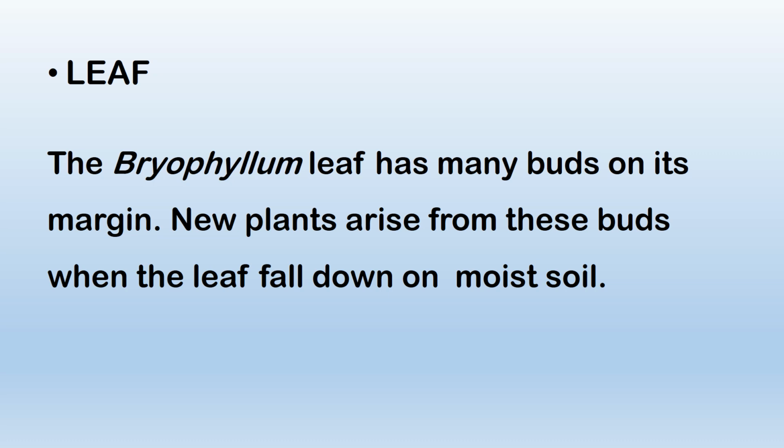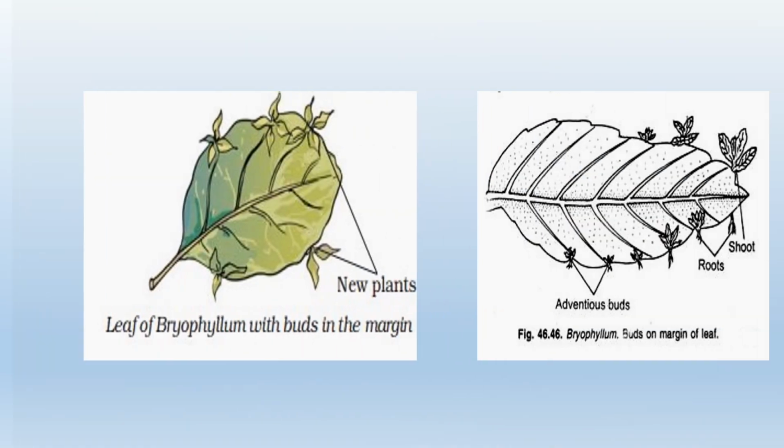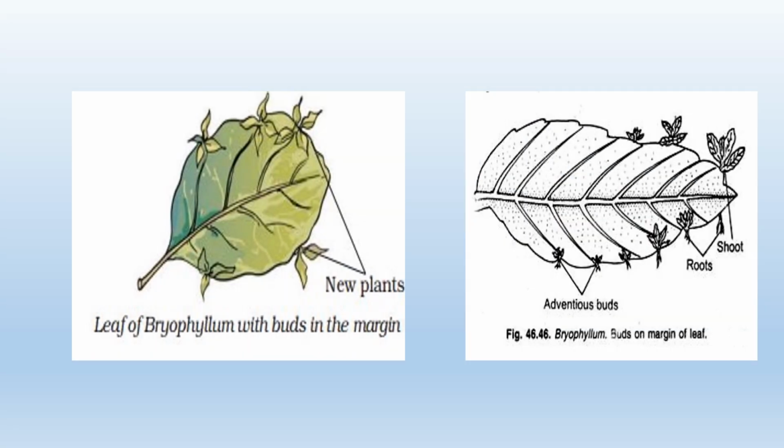Moving further, the leaf is also a part of a plant which can grow into a new plant. The bryophyllum leaf has many buds on its margin. New plants arise from these buds when the leaf falls down on moist soil. You can see the leaf of a bryophyllum.